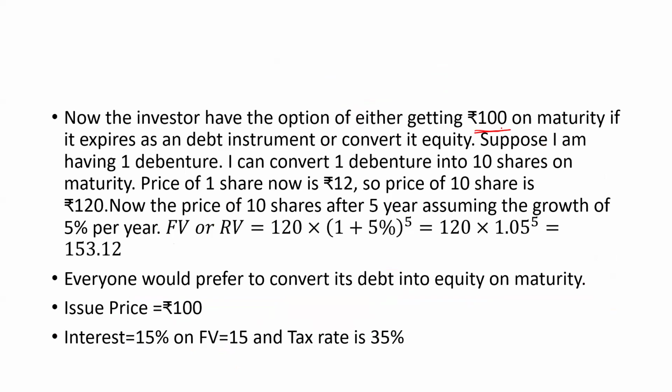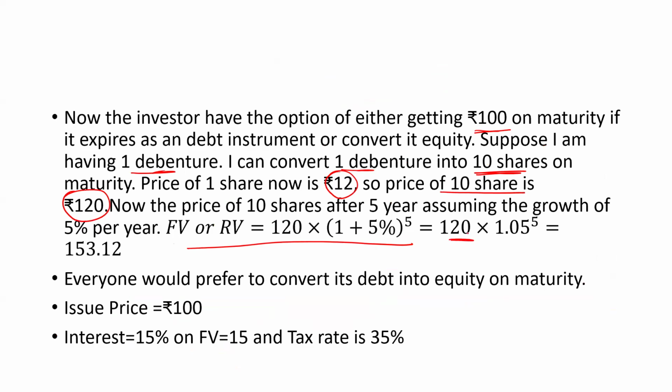that is maturity. But suppose I'm having one debenture, and I convert that one debenture into 10 shares and the price of one share is 12 rupees, so the price of 10 shares will be 120 rupees. Okay. And after 5 years, what would be the future value of this share?